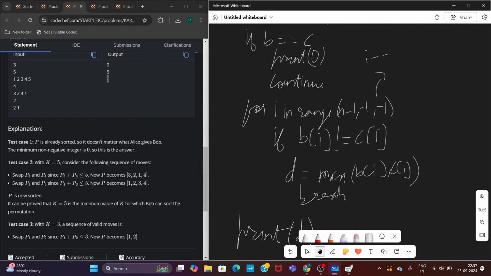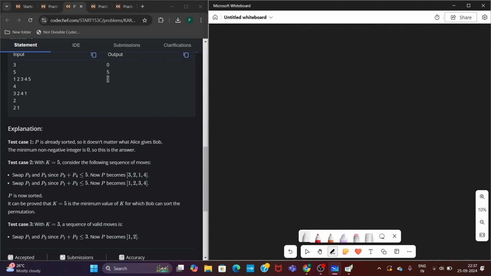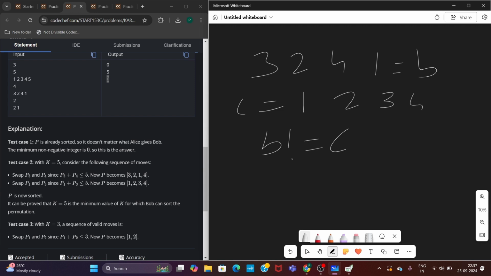So let's understand it with the example 3241. This is our b, and our c is 1 2 3 4. Our b is not equal to c, so we will move on to the for loop.